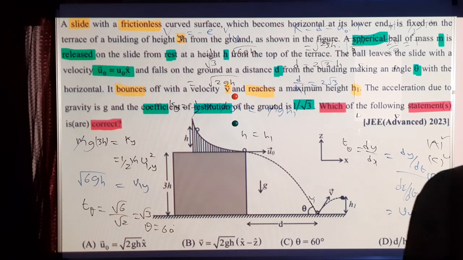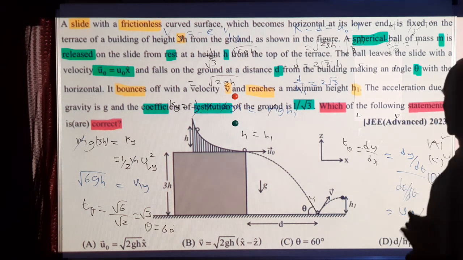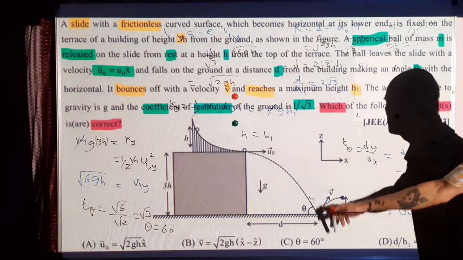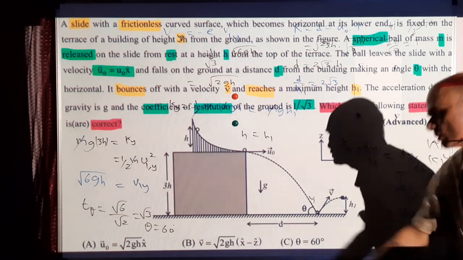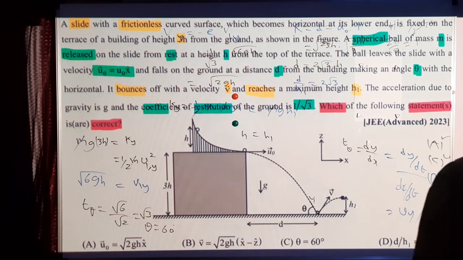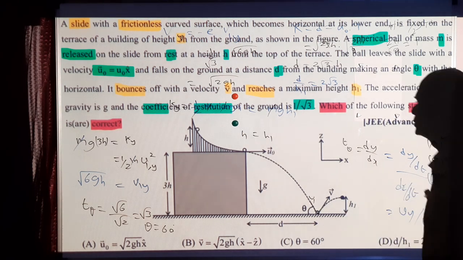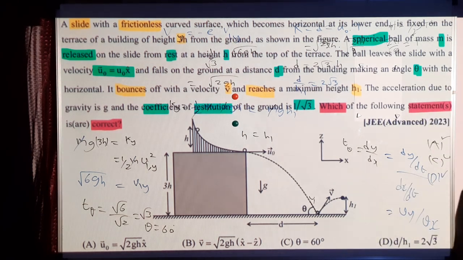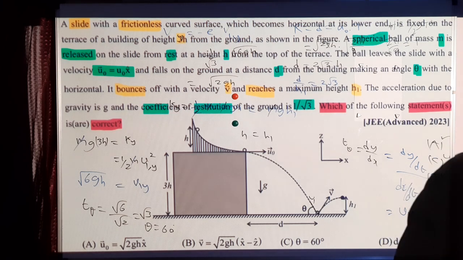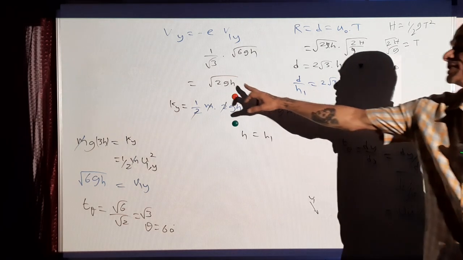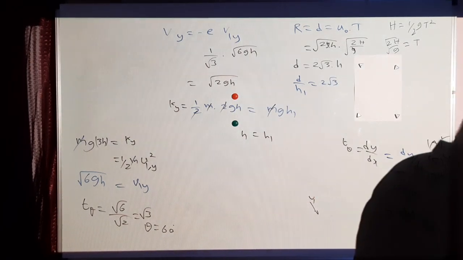Option B, we have to find this velocity. The horizontal component of the velocity is along the x cap direction and the vertical is the positive z cap, so this is obviously wrong. But we can also get the magnitude. Horizontal component is root 2gh, same as u naught, and the vertical velocity v1y, that is vy, is also root 2gh.